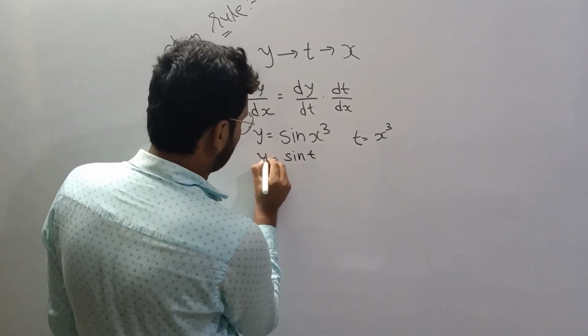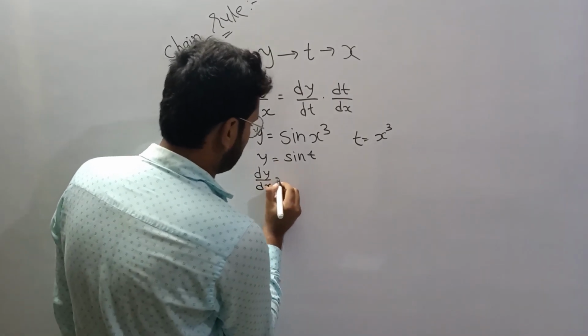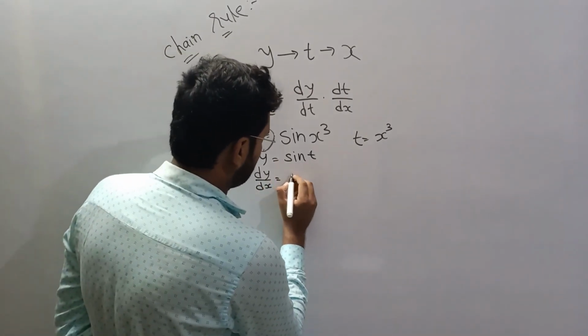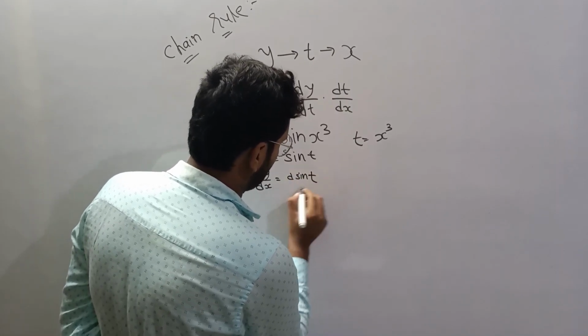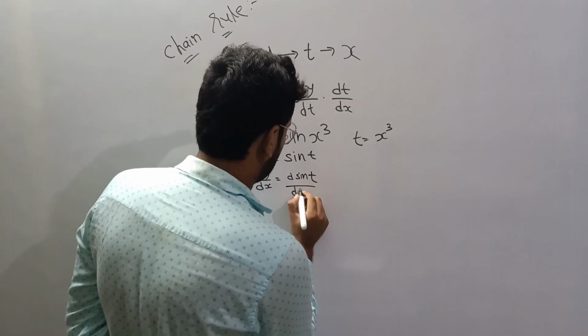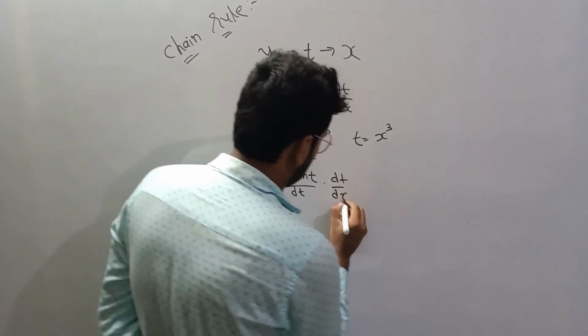So what will be the derivative, dy by dx? d sine t by dt into dt by dx.